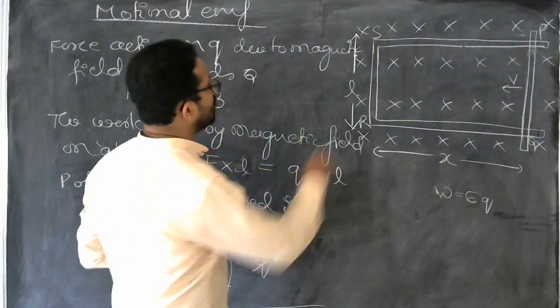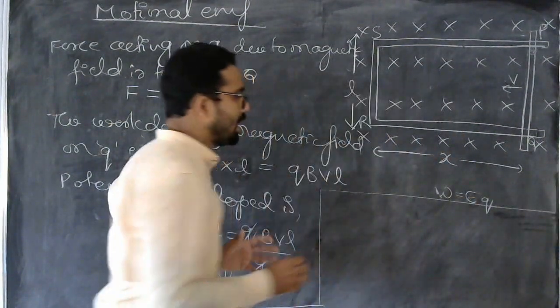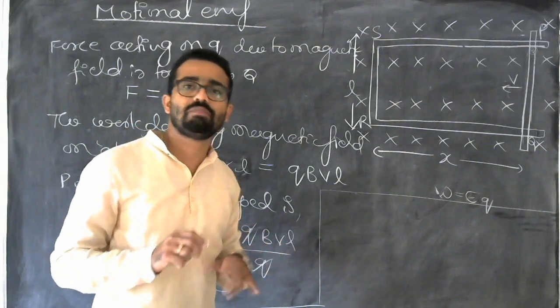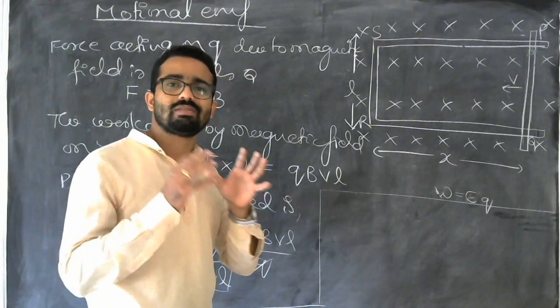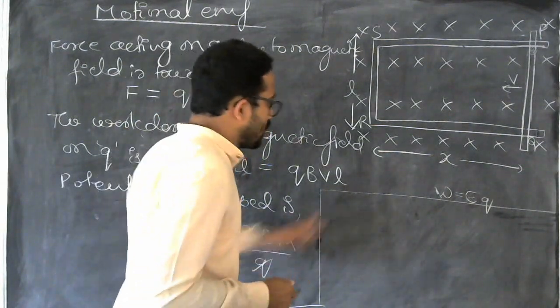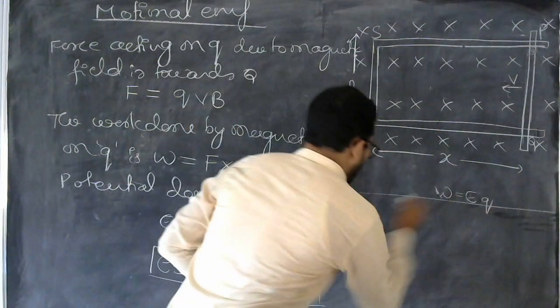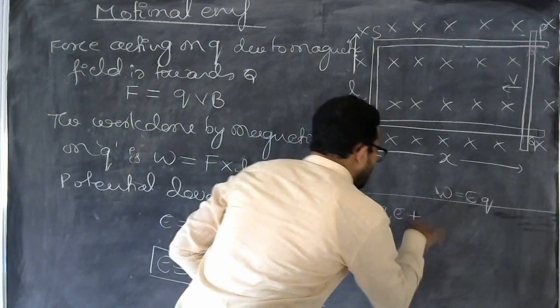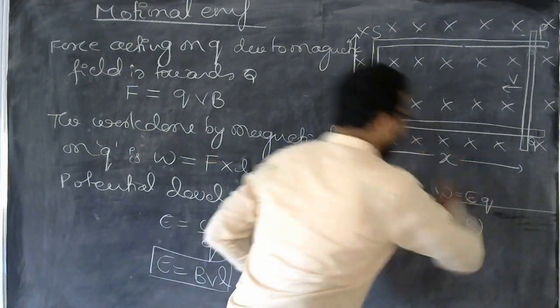That is F is equal to, let me write here, which is not required for your examination, but you should know these things. You should have such knowledge. So that is why I am telling you. So the Lorentz force acting upon Q is equal to Q into E plus Q into V cross B. What is V?